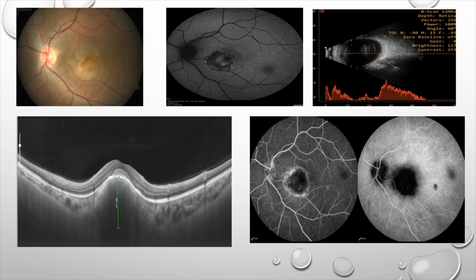That is the modality used for seeing whether there is an increase in autofluorescence. So you will monitor the patient sequentially to see whether there is increasing thickness, increasing hyperfluorescence, and whether the fluid level is increasing.